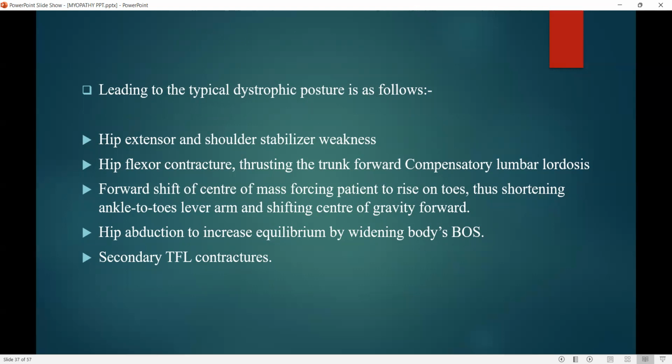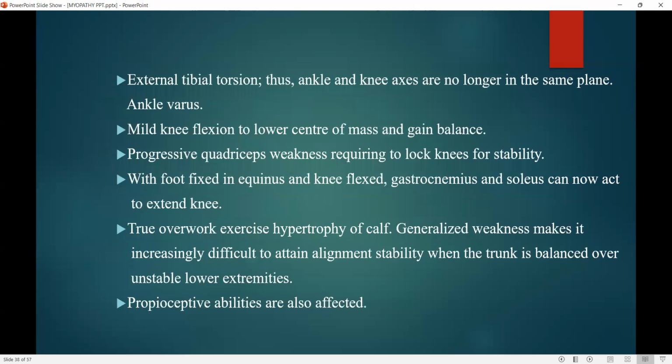Hip abduction increases equilibrium by widening the base of support. Secondary TFL contracture. External tibial torsion, so the ankle and knee axes are no longer in the same plane, with ankle varus. Mild knee flexion lowers the center of mass and helps gain balance.